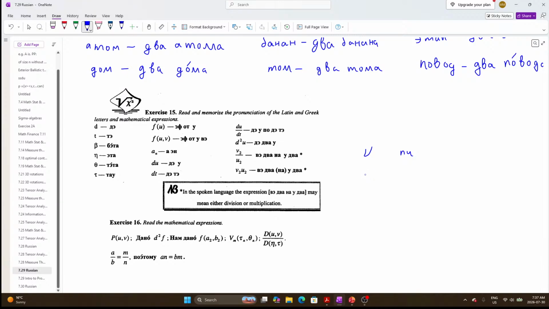This is the velocity V. But it seems like here we're treating this one as V. That's a little bit confusing.